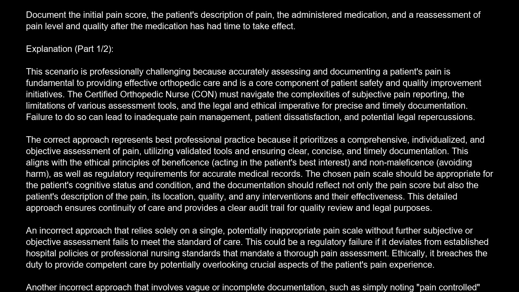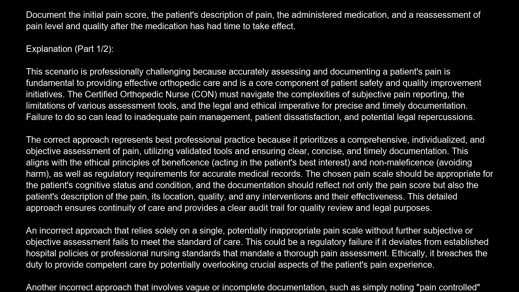The chosen pain scale should be appropriate for the patient's cognitive status and condition, and the documentation should reflect not only the pain score, but also the patient's description of the pain, its location, quality, and any interventions and their effectiveness. This detailed approach ensures continuity of care and provides a clear audit trail for quality review and legal purposes.